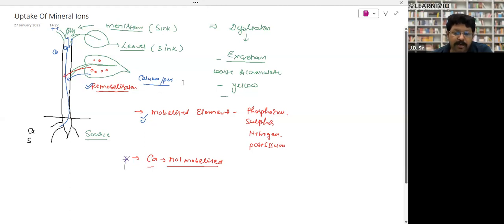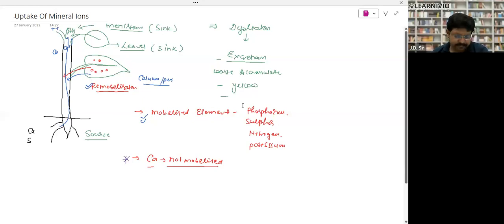Calcium is not remobilized. Defoliation, the falling down of the leaf, is an excretion for the plant. The mobilized elements are phosphorus, sulfur, nitrogen, and potassium. Calcium is not mobilized.